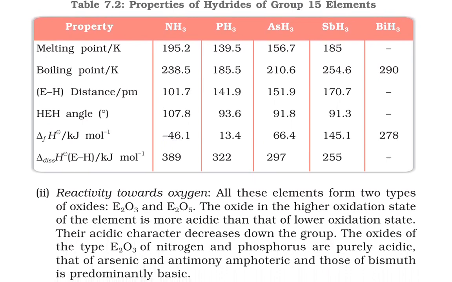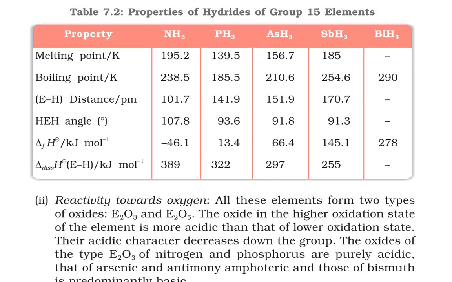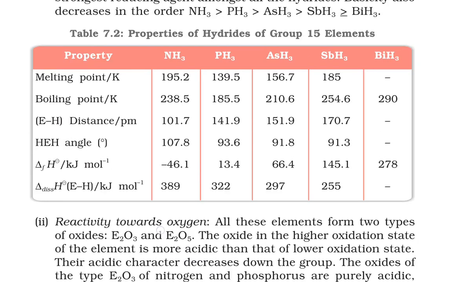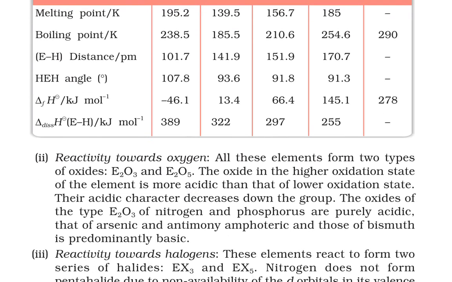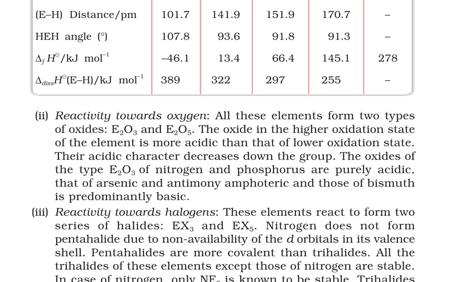Bond angle, like the H-E-H bond angle: in NH3, H-N-H forms a triangle and the angle H-E-H is the bond angle given here. Delta H of formation and delta H of dissociation are all given. Dissociation is given for the E-H bond, like for NH3 it is for the N-H bond. You can refer to this, pause the video, and I am moving further.